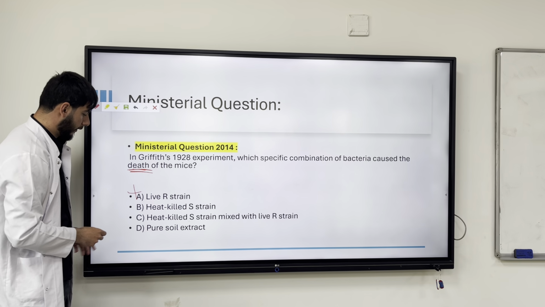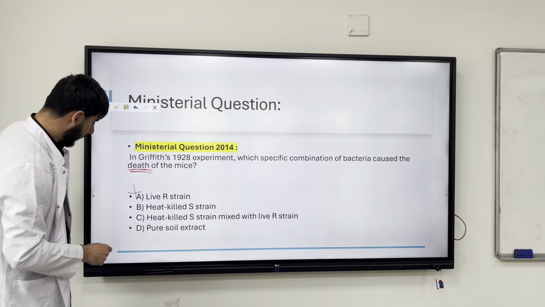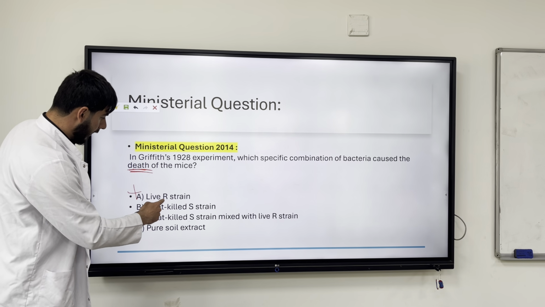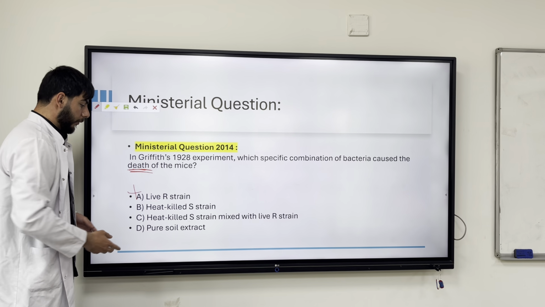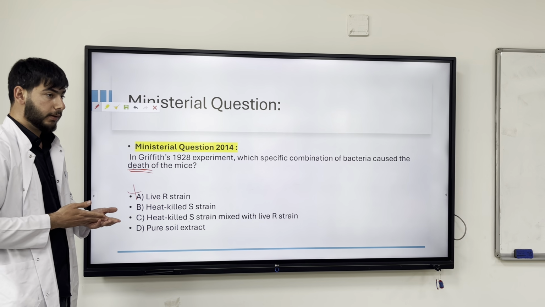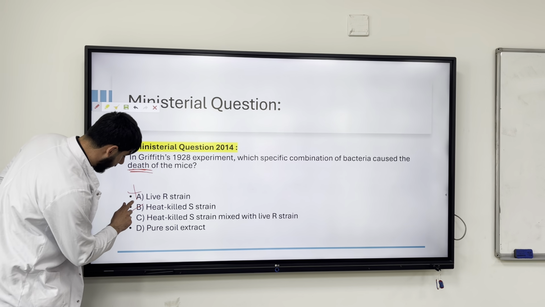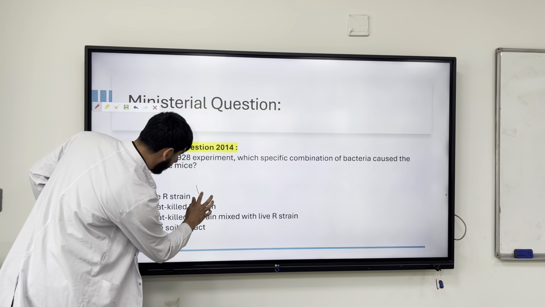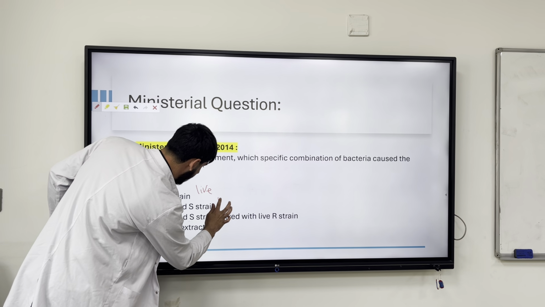In B, heat-killed S strain: if you kill the S strain by heat, it didn't kill the mouse, because the mouse lives.